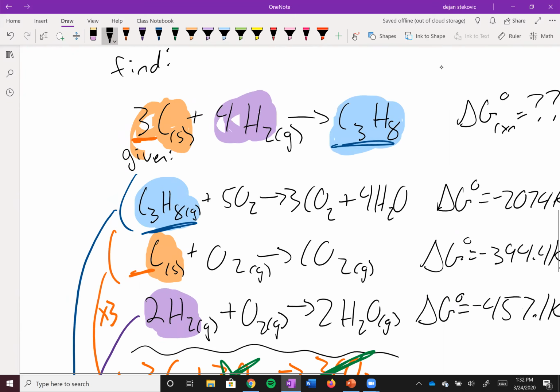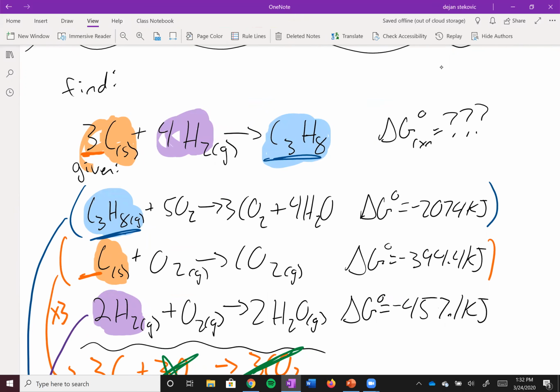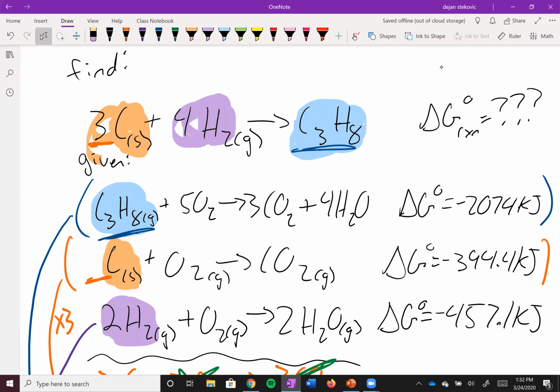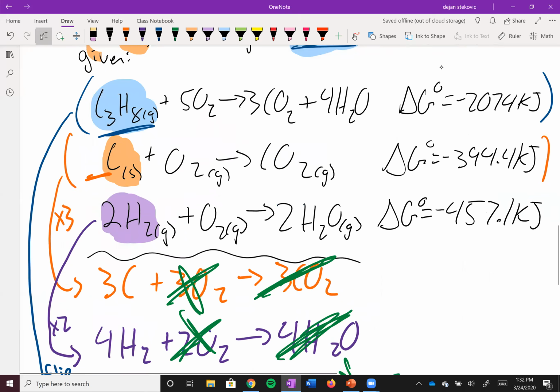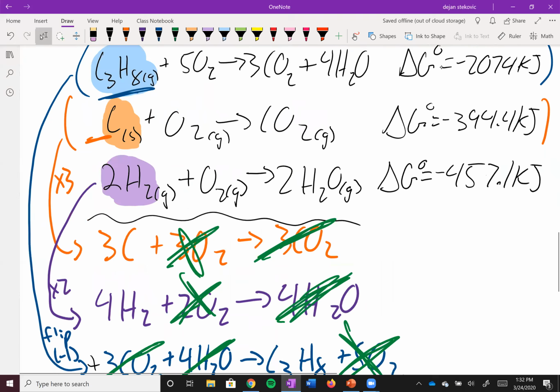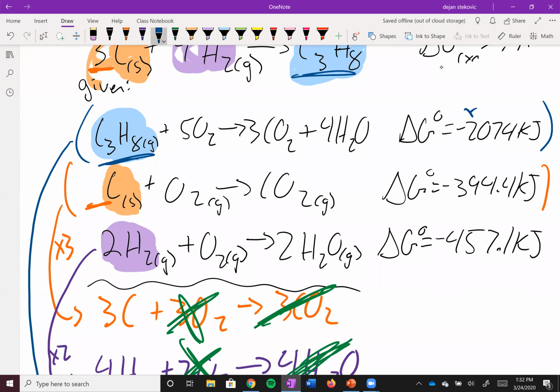So in the homework, there's some more challenging ones. Overall, this one is quite simple here, but there are more challenging versions of this. And so the same thing you did to the equations, do to the delta G's, right? So here we're going to multiply this one times -1, this one times 3, and then this one times 2.